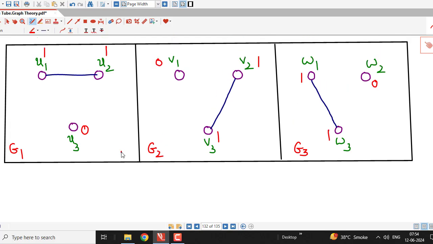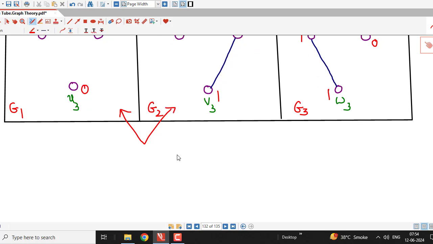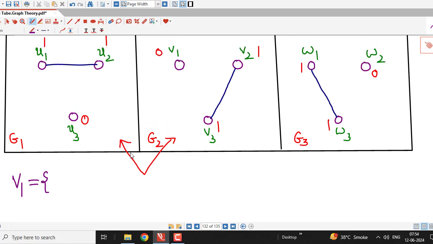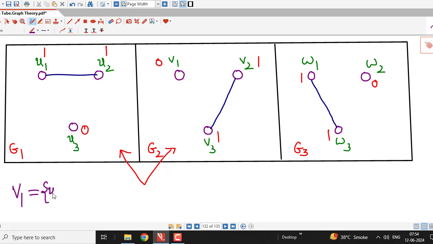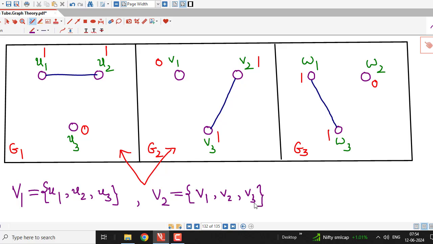For example, if I want to prove that these two graphs G1 and G2 are isomorphic, then the definition says that first we have to find a mapping from the vertex set of G1 to the vertex set of G2, which is 1-1 and onto. Here the vertex set of G1 has 3 vertices and the vertex set of G2 also has 3 vertices, V1, V2 and V3.